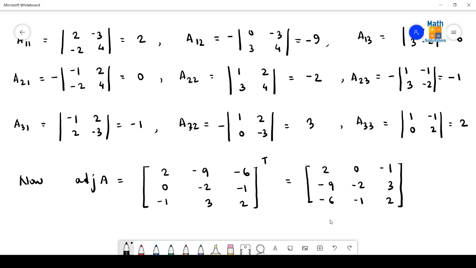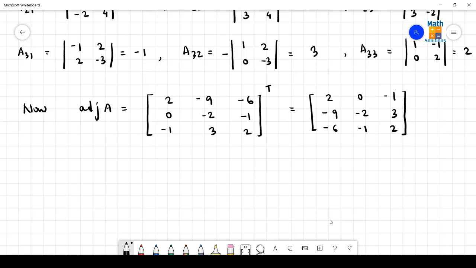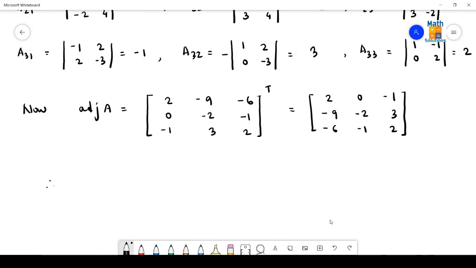So these are the results I got for adjoint of A. Next comes the inverse of A, which we have to find out. Therefore A inverse is equal to 1 by determinant of A into adjoint of A, that is equal to 1 by negative of 1.